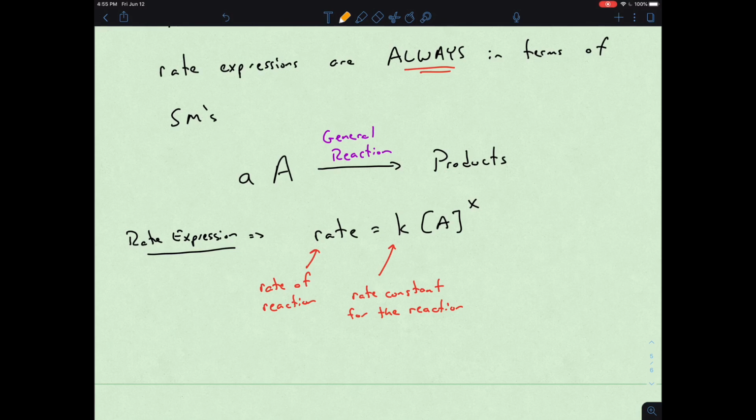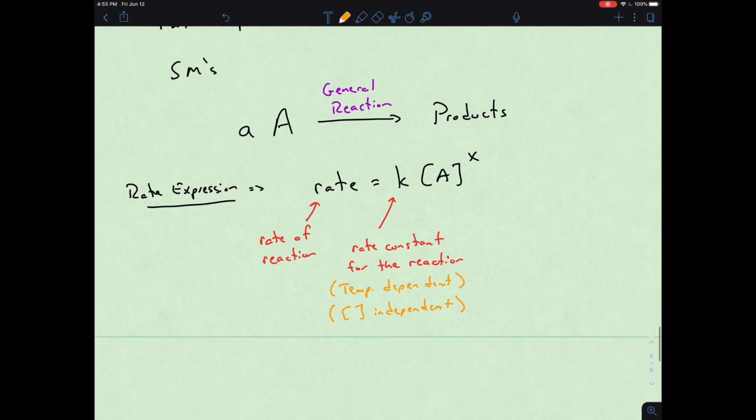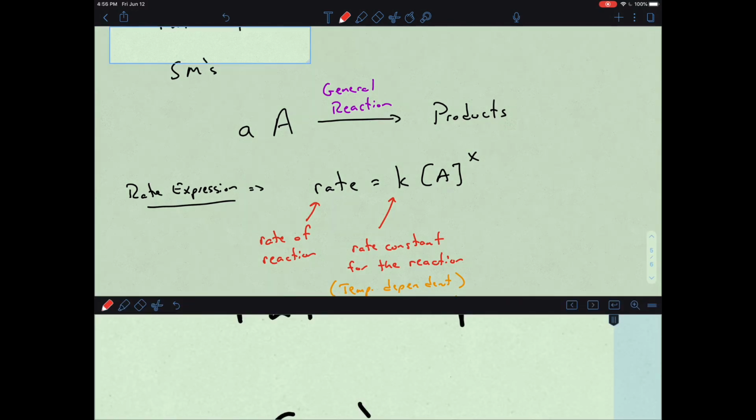This is temperature dependent, but it is pressure or concentration independent. We tend to see our units here of k being in terms of reciprocal time.